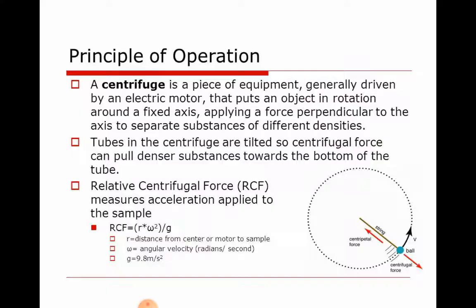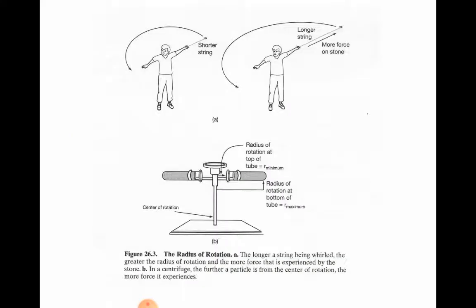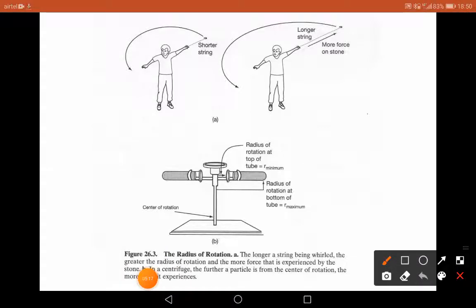I will show you how I can make you feel what a centrifugal force is. What you need to do is take a rope and tie some heavy thing to it, like a stone or any other thing that has some density.